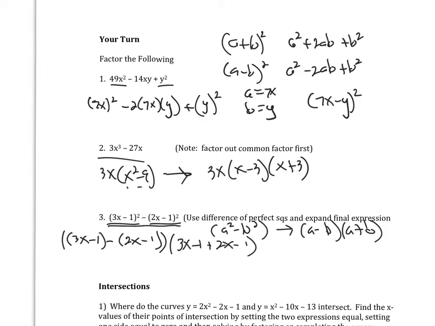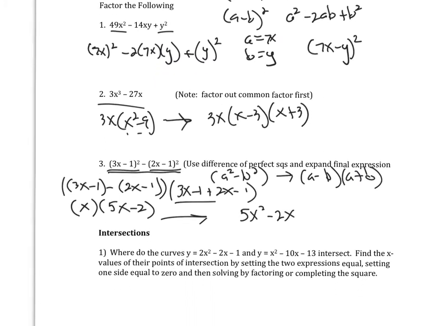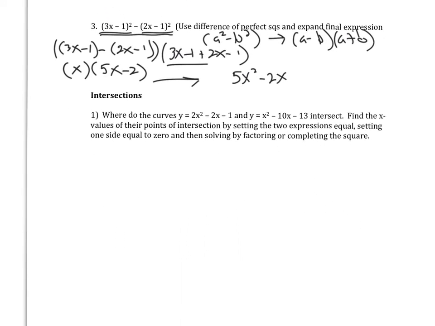We don't need the parentheses there. This is going to end up giving us just a plain x. This here will end up giving us a 5x minus 2. And so finally we end up with 5x squared minus 2x.